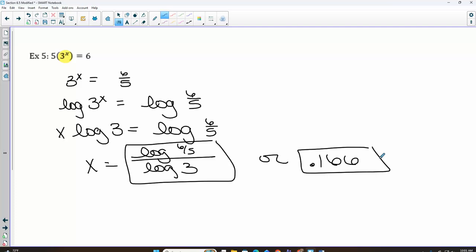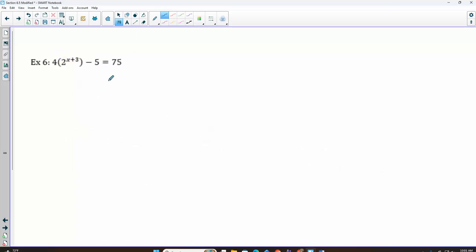Are we understanding these? You guys walk me through the next one. Good. The 2 is being raised to a power, so I have to get that 2 by itself. Add my 5, divide by 4.